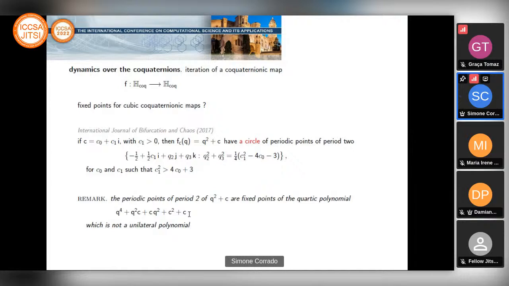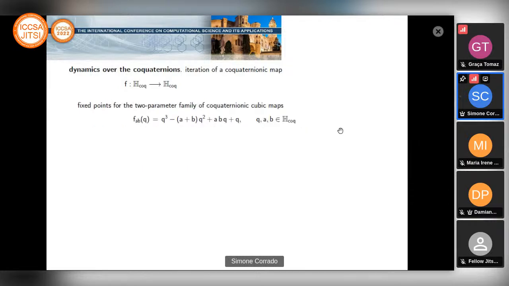This means that our methods, not so simple but not so hard, of finding the solutions, the zeros of unilateral polynomials, cannot be applied here for this non-unilateral polynomial.